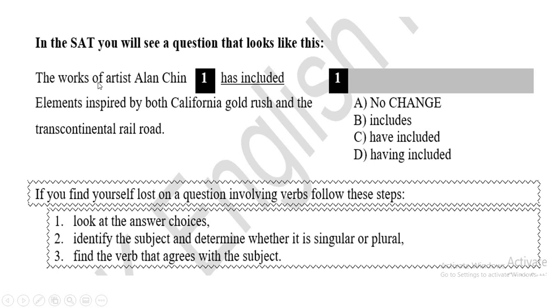We'll tackle this later on, but as long as we are answering this question, I have to mention this: whenever you have a preposition or a prepositional phrase, usually the subject comes before the preposition. So the works, and has, of course, here the verb does not agree with the subject, so the answer will be have included, right?